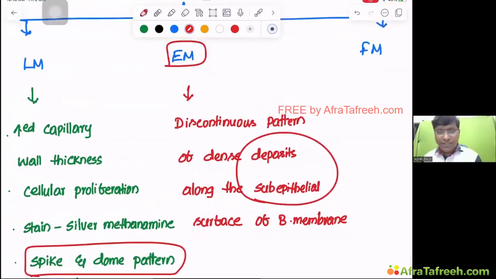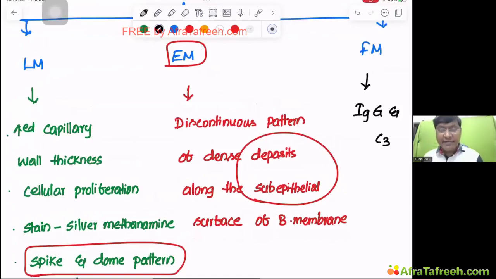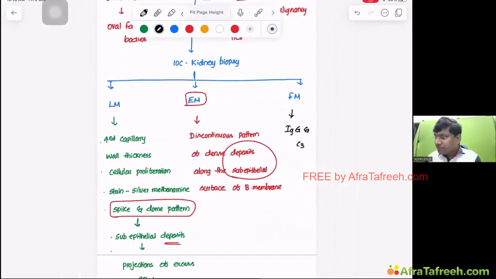And in fluorescent microscopy, that is immunofluorescence, you will notice the presence of IgG and C3, because the complement is activated and the immune complexes are there. In those immune complexes, what you have is IgG. So that is about the renal biopsy picture, right?